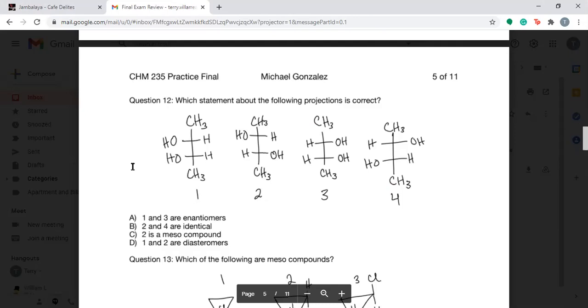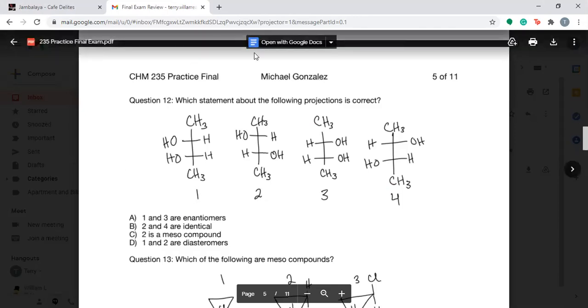Okay, so again, what is the easy way to figure out this type of problem? I say easy, but you figure out what the stereocenters are.